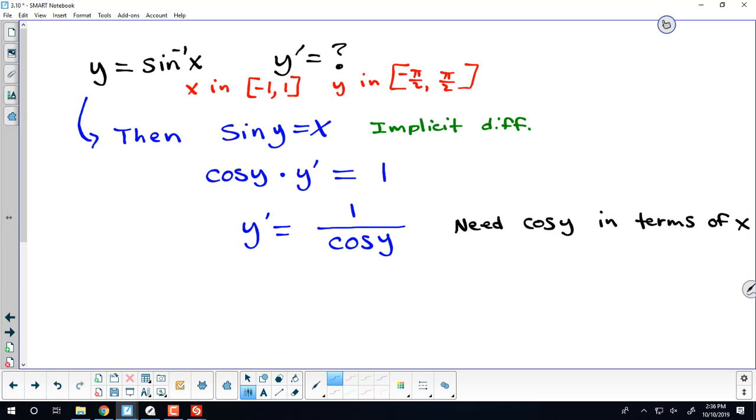Okay. So express cosine y in terms of x means really, as an intermediate step, express cosine y in terms of sine y. So what relationship do we have between sine and cosine? I mean, there's a lot, but what's the most fundamental relationship between sine and cosine that we have?